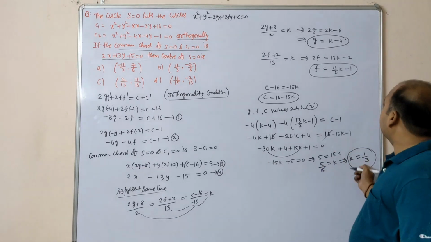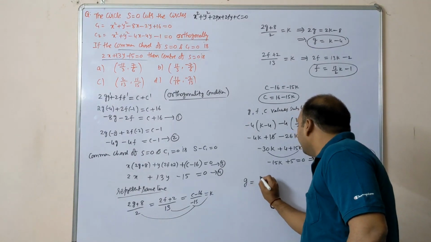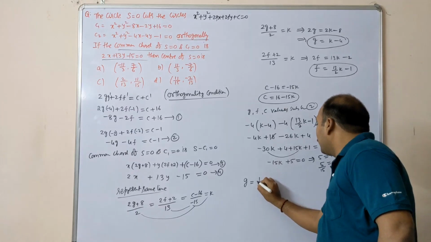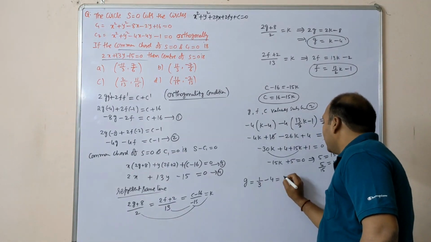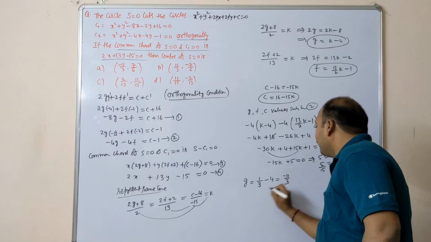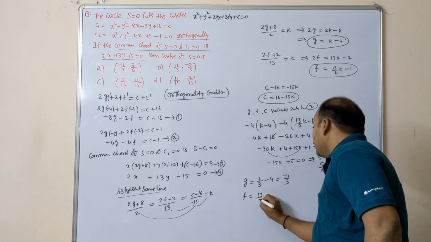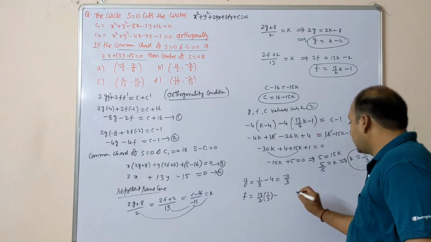Now substitute this k value in this. So g equal to k value 1 by 3 minus 4, which is 1 minus 12, that is minus 11 by 3. F is equal to 13 by 2 into k value 1 by 3 minus 1.